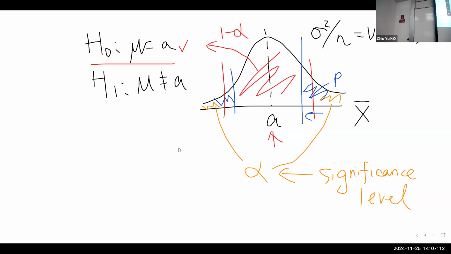That's why we say the p-value is less than 5% and we reject, because the p-value is how likely we think that under H0 you get your sample mean, what you observe. So that's what it means. Is that clear? Again, if not clear, we talk about that later again. I hope that is clear enough.